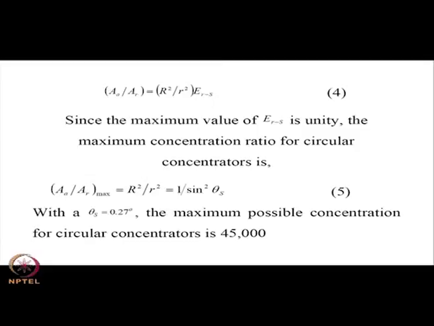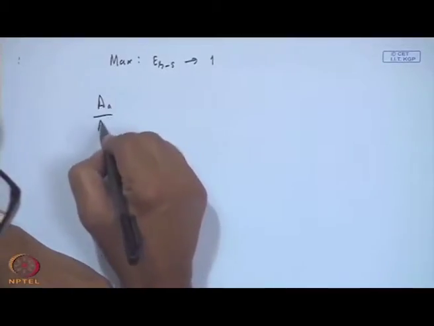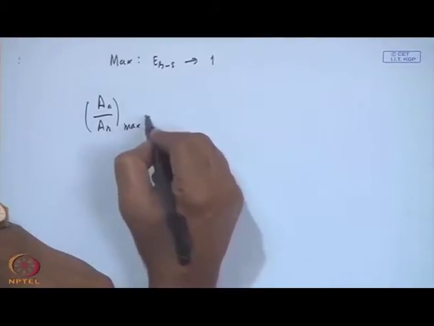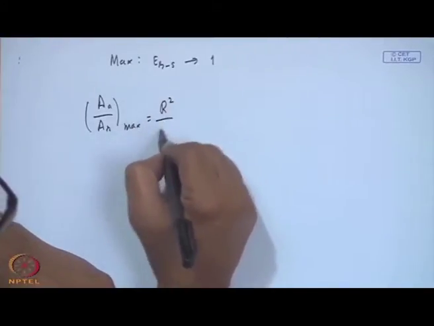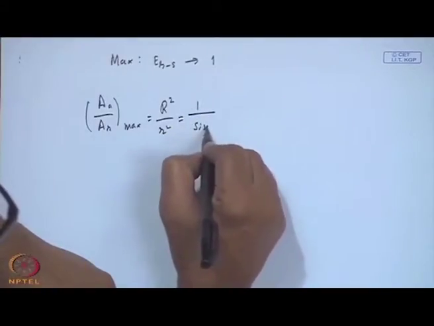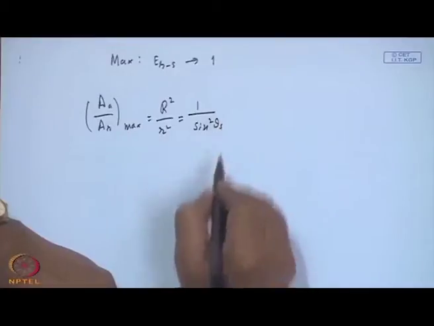Consequently, you have A upon AR maximum equal to R squared upon r squared, equal to 1 by sin squared theta s.